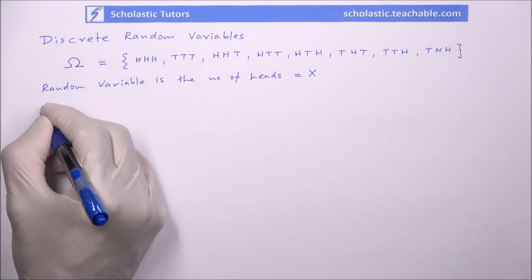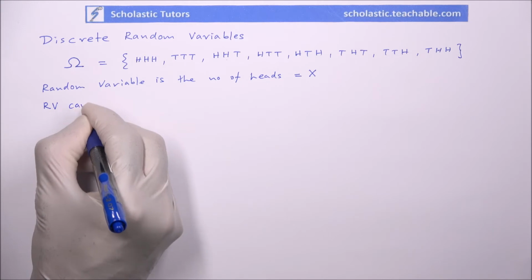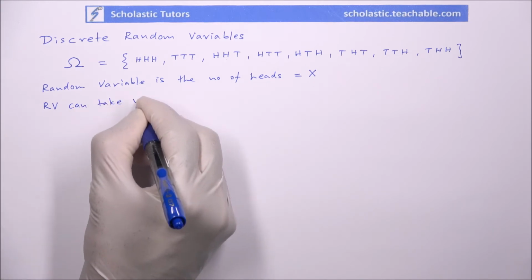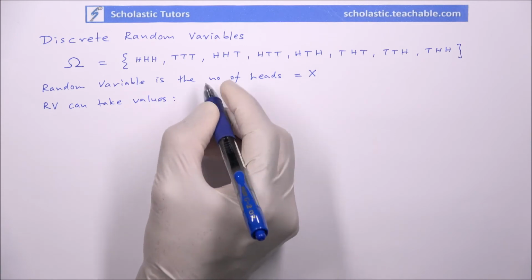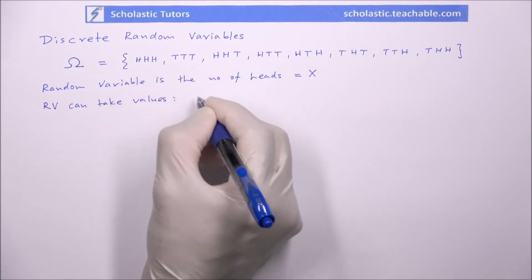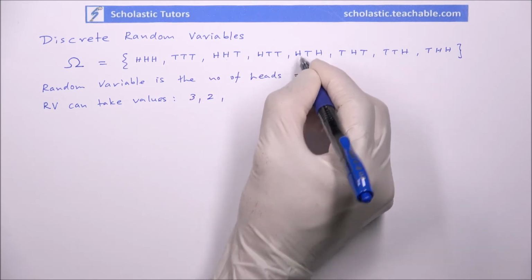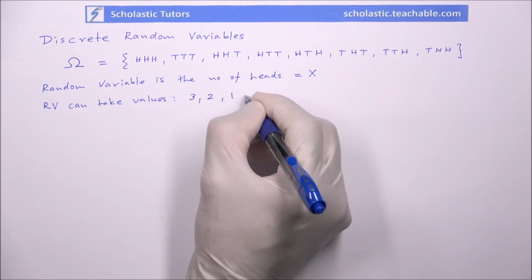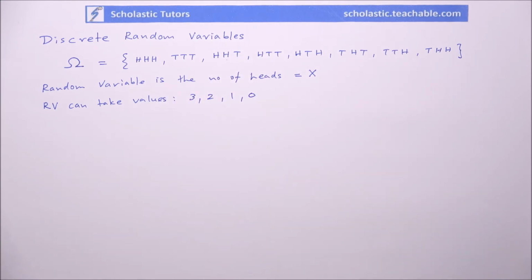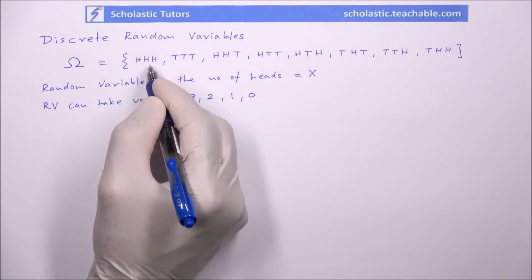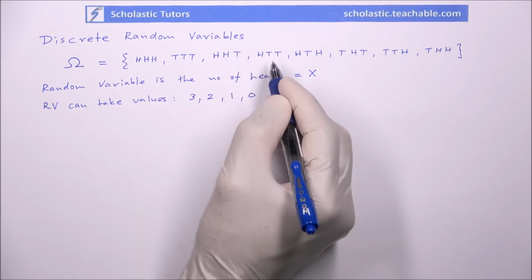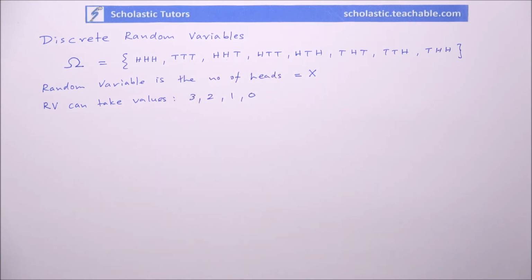Therefore the random variable can take values either 3, in this case all heads, or 2 heads, or 1 head, or 0 heads. So this particular random variable has 4 possibilities, and these are the possible values for this random variable to take.